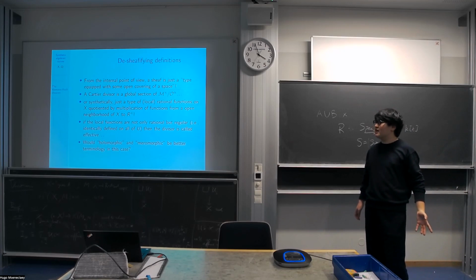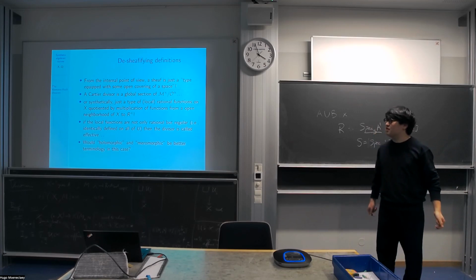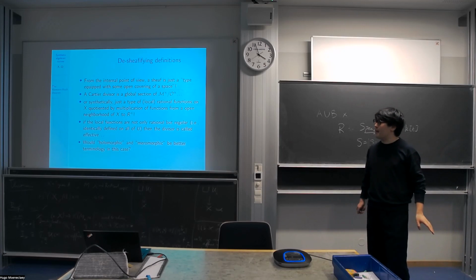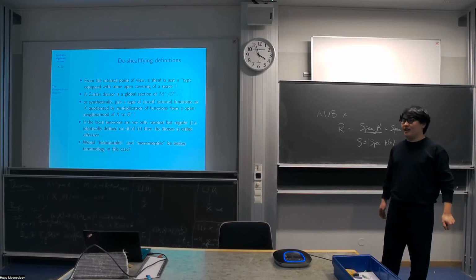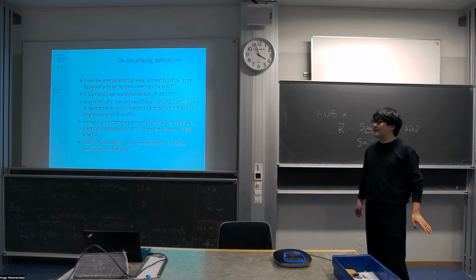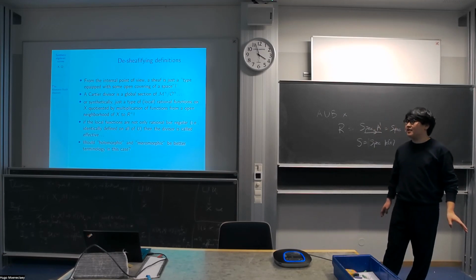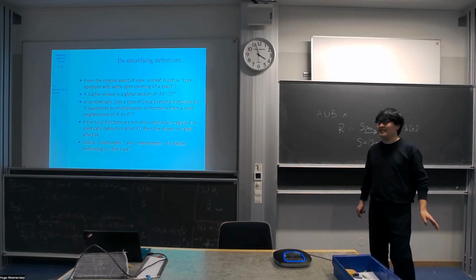So if the local functions are not only rational but regular, then the divisor is called effective. I'm not too sure about that, but usually when you say a function is regular, you mean that it's identically defined on all of it.